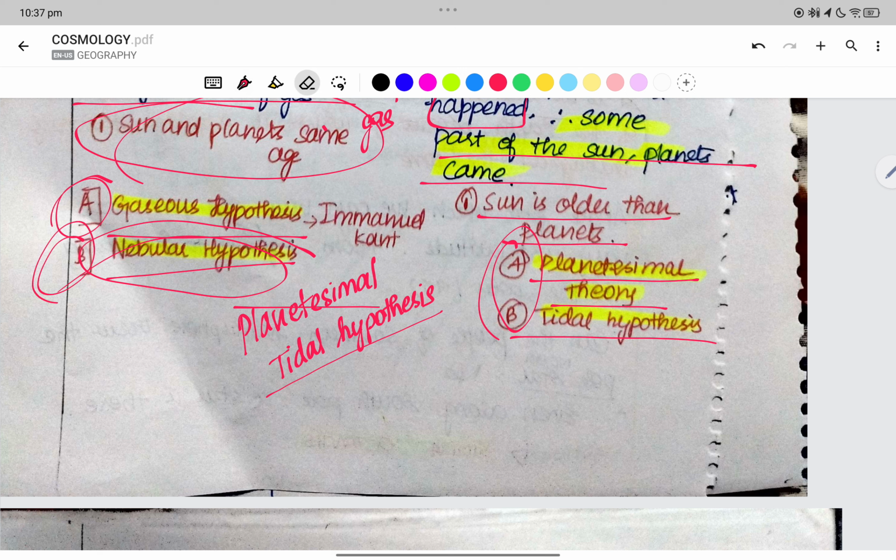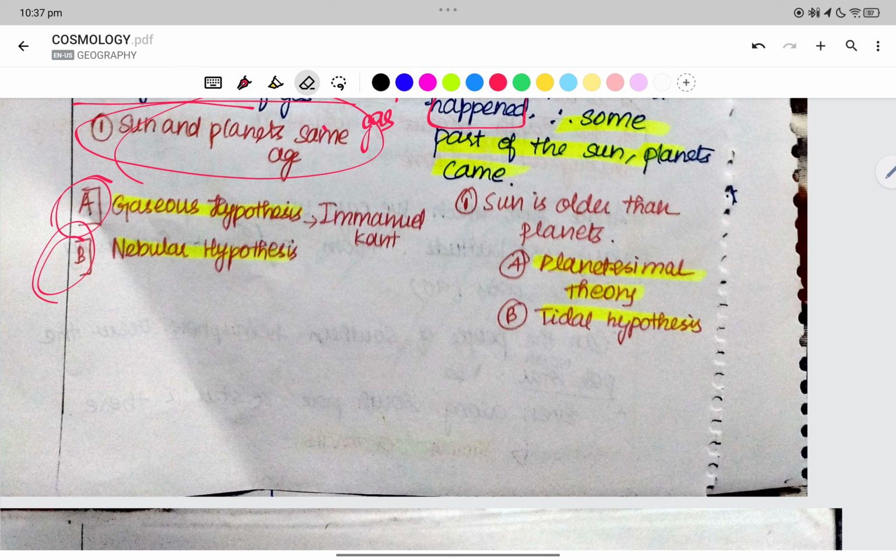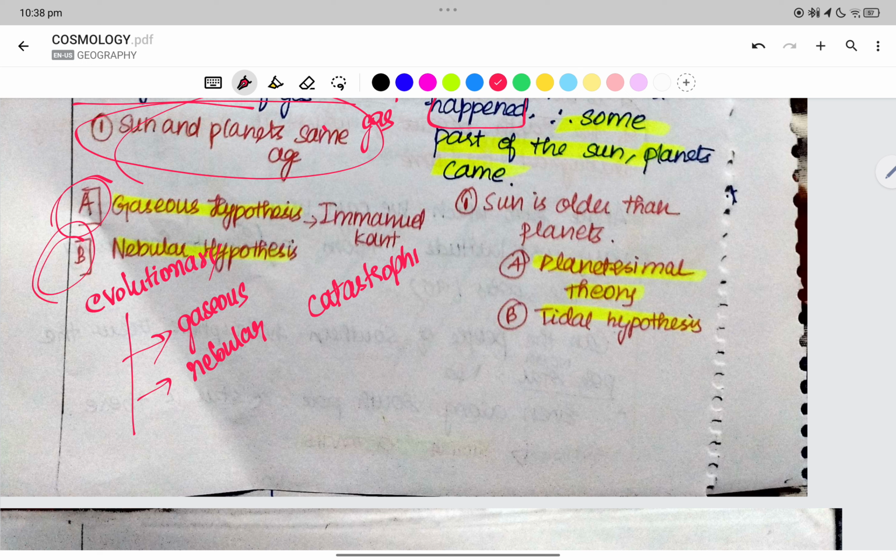For the evolutionary theory we have the gaseous hypothesis as well as the nebular hypothesis.